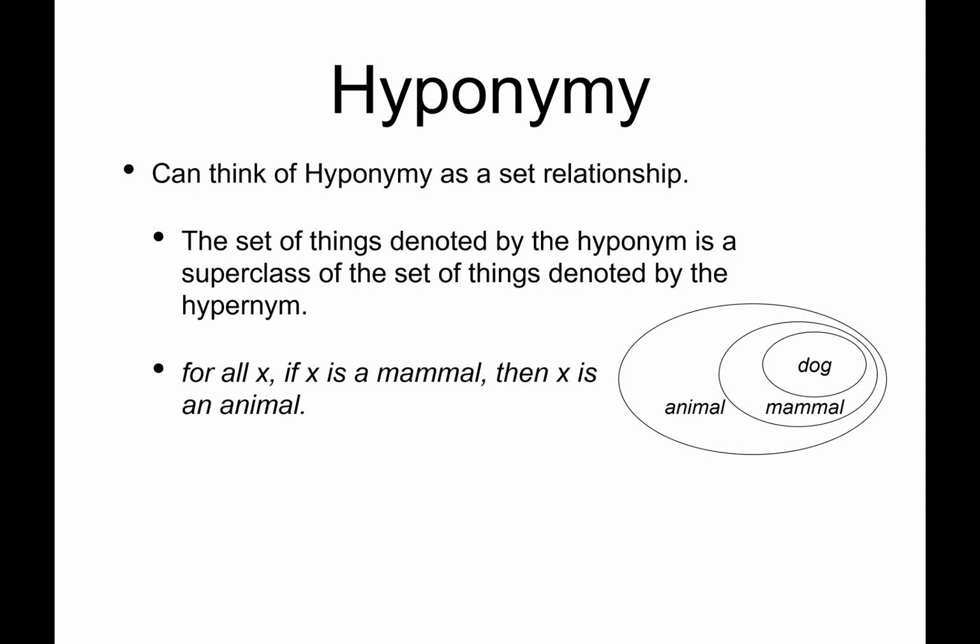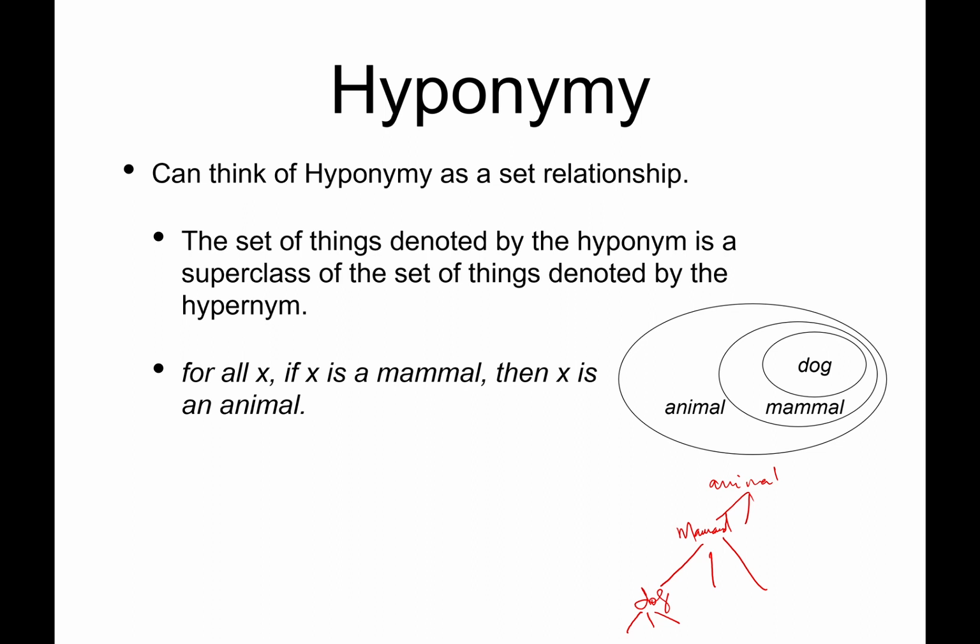You can have animal, and under animal you can have many things, and one of them is mammal. Under mammal you can have many things, and one of them could be dog, and under dog you have other things, and so on and so forth. Okay? So this is the relationship of hyponymy and hypernymy.